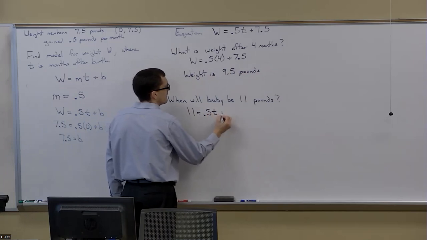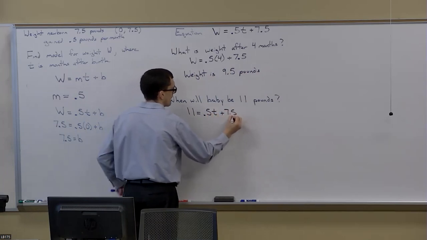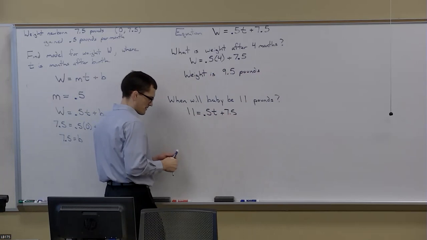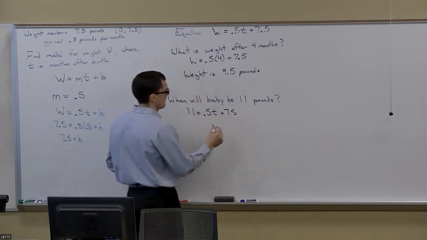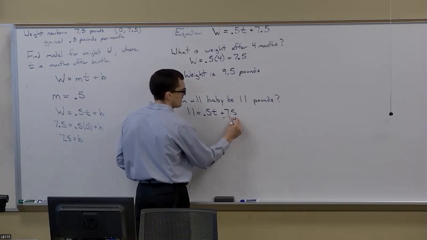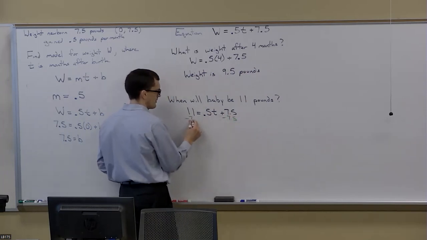Solve for T. Subtract 7.5 from both sides.